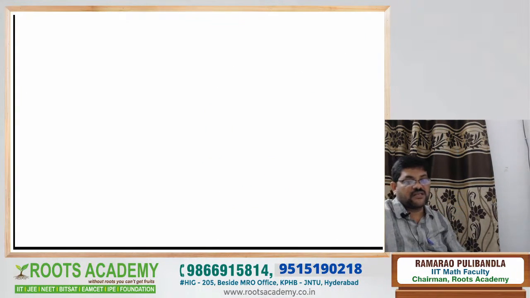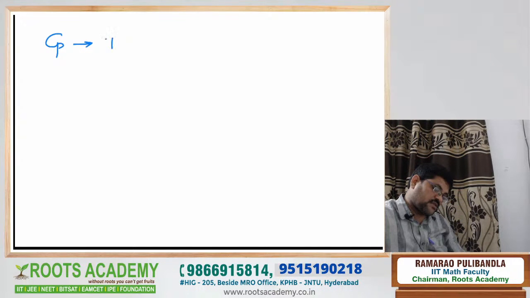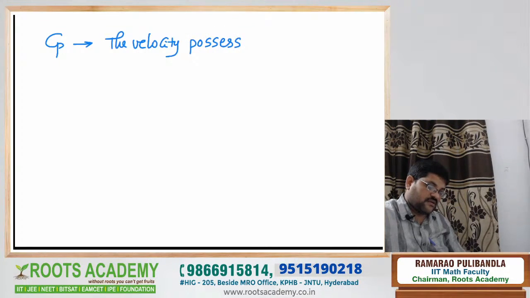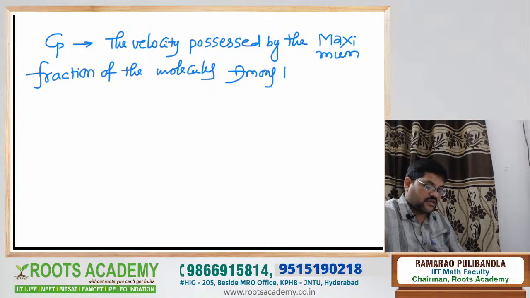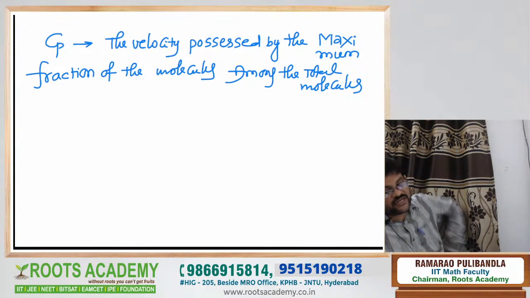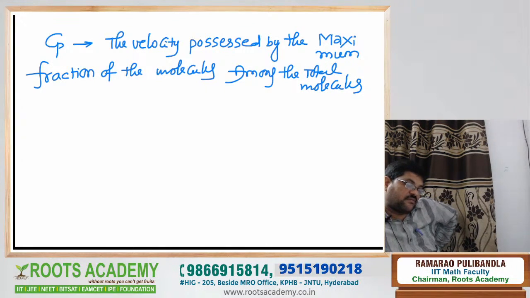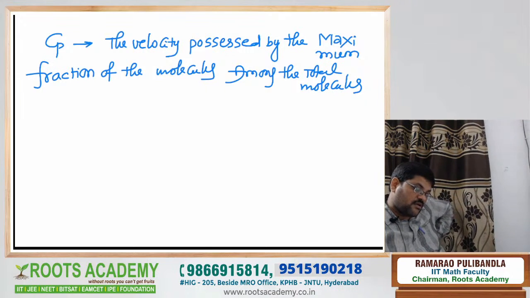Come to the most probable velocity, Cp. How do you define Cp? The velocity possessed by the maximum fraction of the molecules among the total molecules is called the most probable velocity.